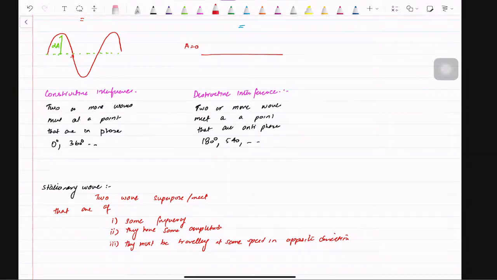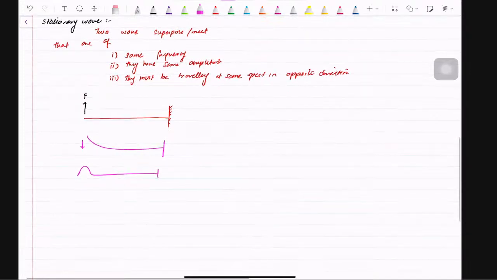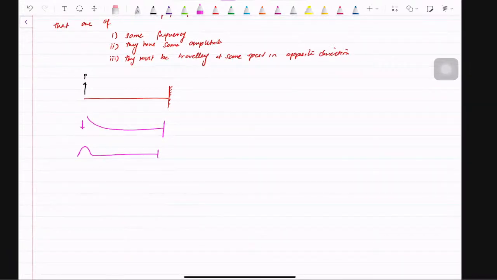For example, suppose there is an end that is completely fixed. There is a wire or a rope. When you pull the rope up, the wave is going to be like this. Now when you push it down, it will create a hump. It gets reflected from the fixed end, so it goes like this.